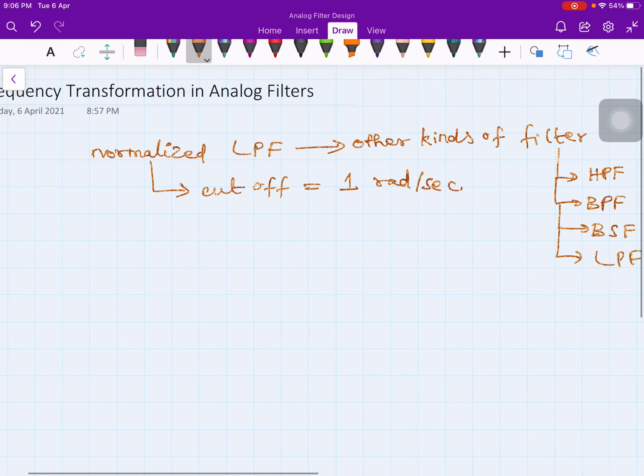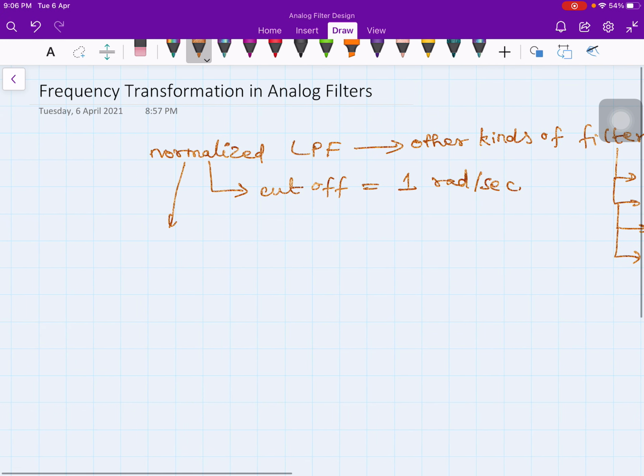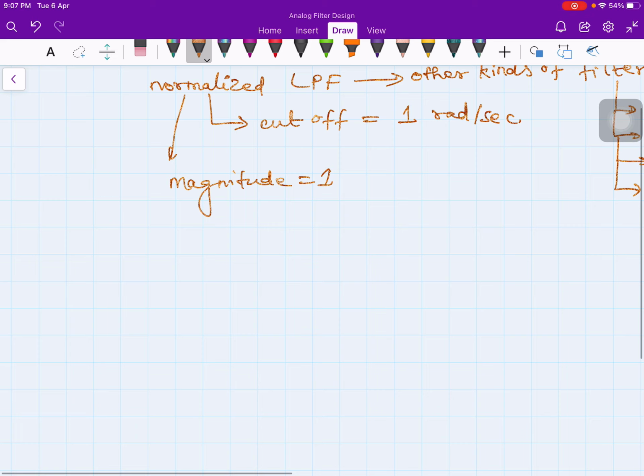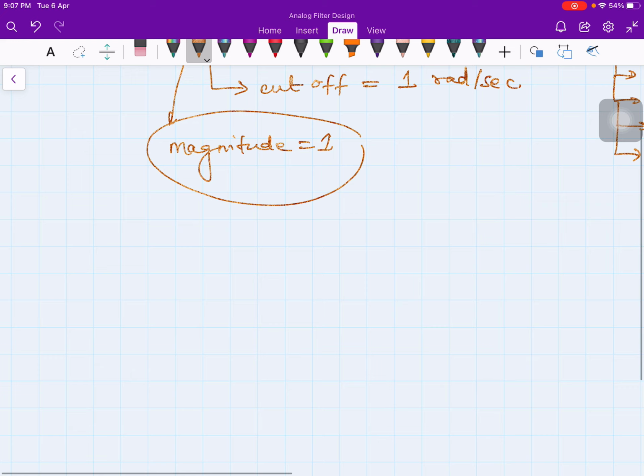Okay, of course, when I say normalized, the magnitude is always normalized. The magnitude is always equal to 1. So when I say normalization, here the normalization is with respect to frequency, and this magnitude normalization is implicit. Normalization with respect to magnitude, of course we do.